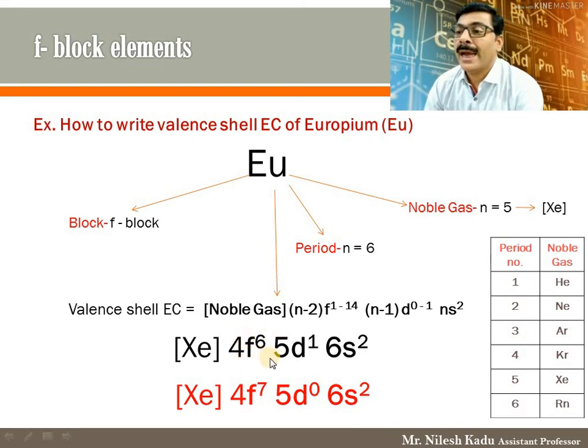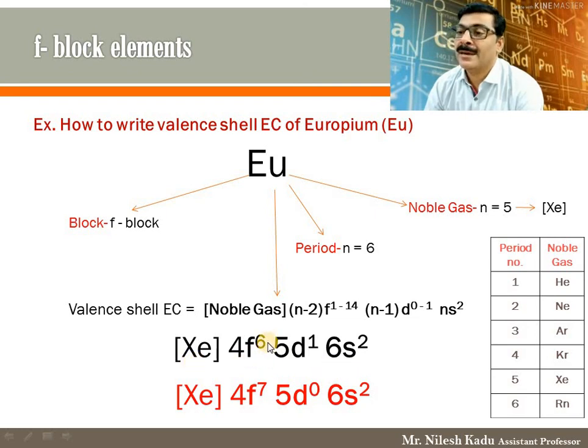Then (n-1)d, and here the value of n is 6, 6 minus 1 means 5d, and 5d contains 1 electron. Then ns2, n means 6, 6s2. Now this is the valence shell electronic configuration of europium.